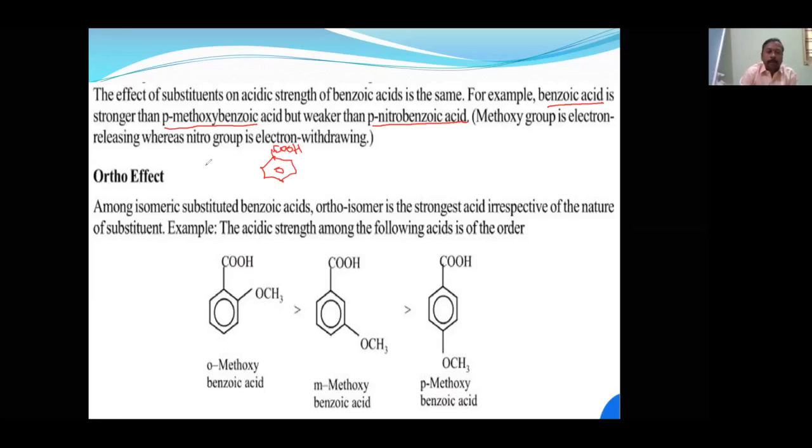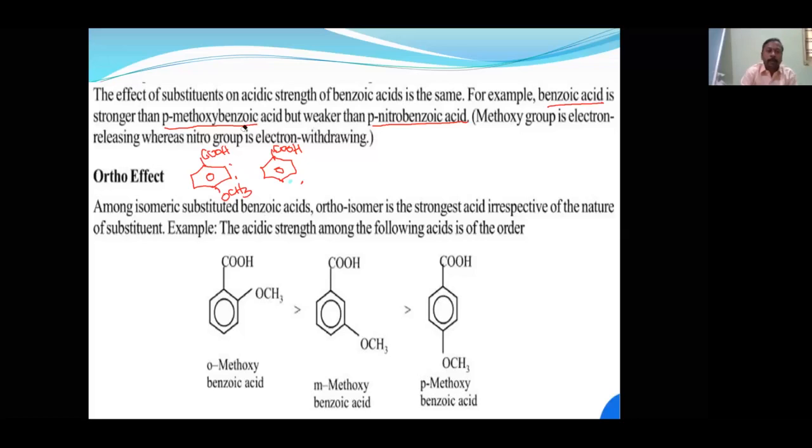Then para-methoxybenzoic acid. First let us draw the benzoic acid, and the positions are ortho, meta, para. So para is here. There what do I have to write? Methoxy, OCH3. Then para nitro. In another structure I will write it. Okay.